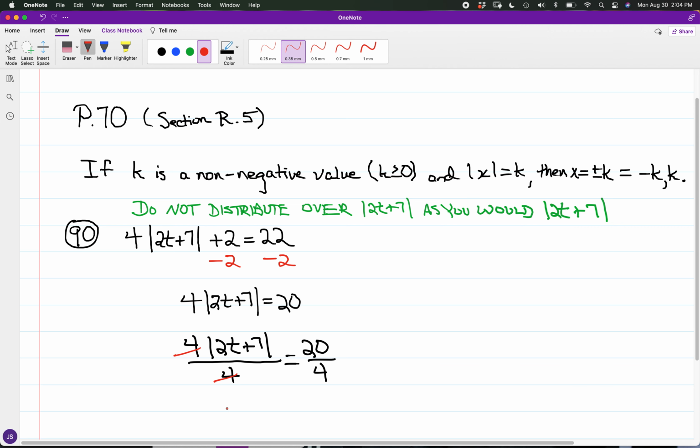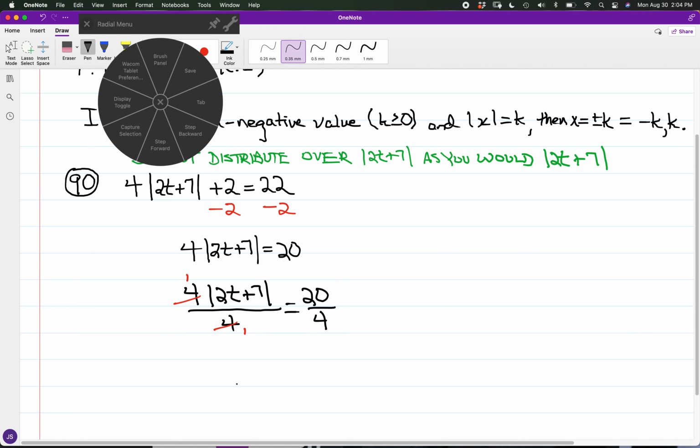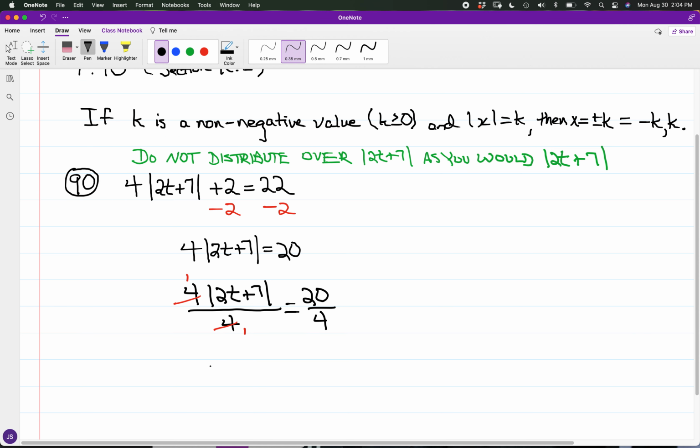Upon canceling out the 4's, we have the absolute value of 2t plus 7 is equal to 5. So you have this framework, the absolute value of x is equal to k, where k is 5, and k is non-negative in value.